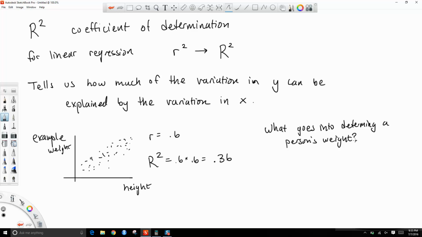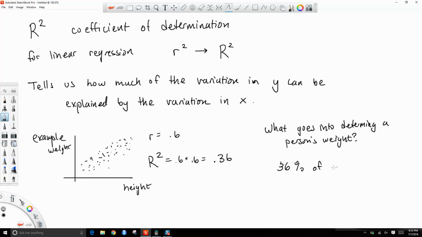And what this says, from a data perspective, not even saying what causes, again, correlation does not tell us about causation, is that just from an analytic perspective, about 36% of someone's weight can be matched with or explained by a person's height.